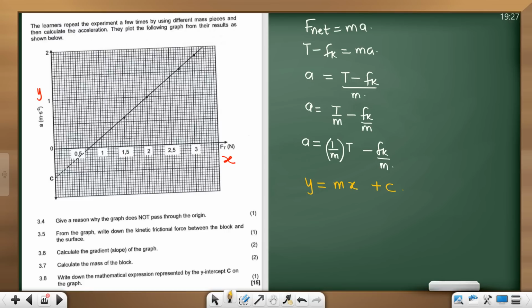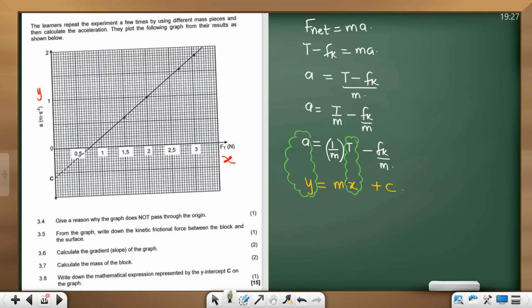Let's check if we have everything where we want it. Do I have my A in the place of y? Yes. Do I have my x in the place of T? Yes. That's what the graph says. On the y-axis, now I have A. On the x-axis, I have what? T. We now compare.